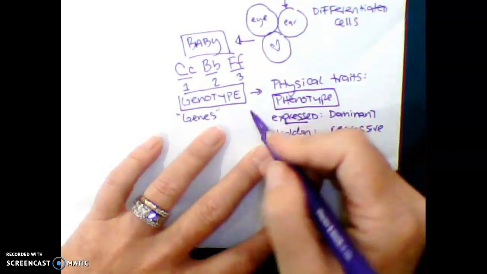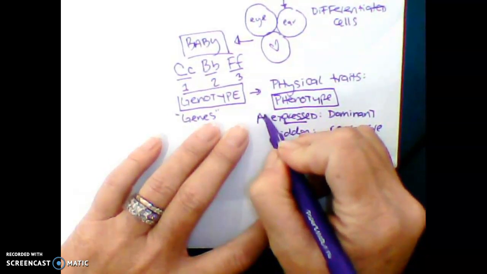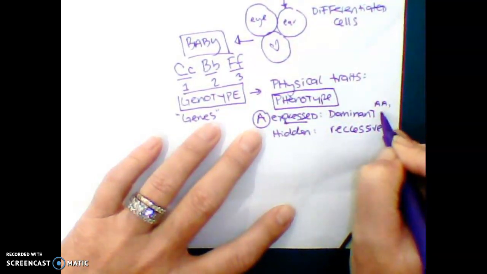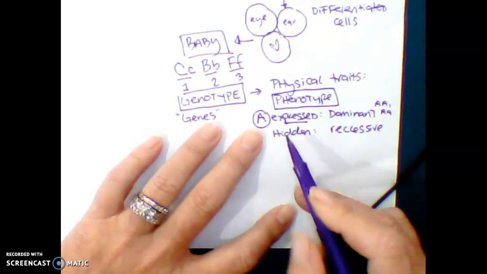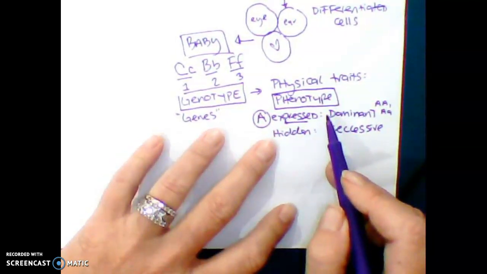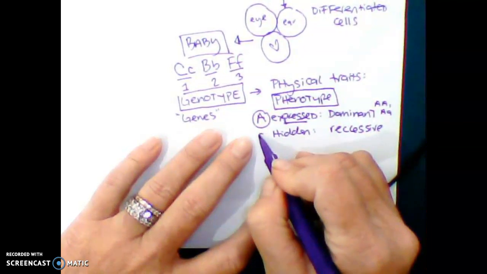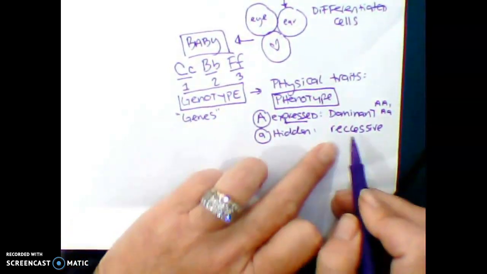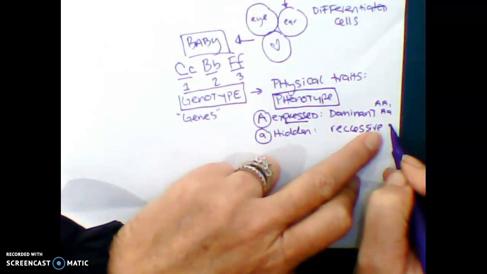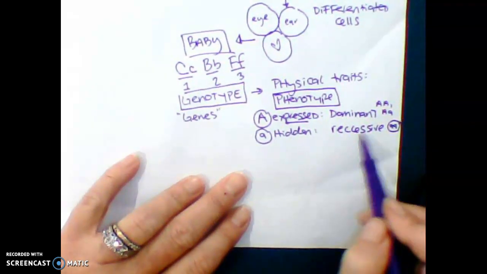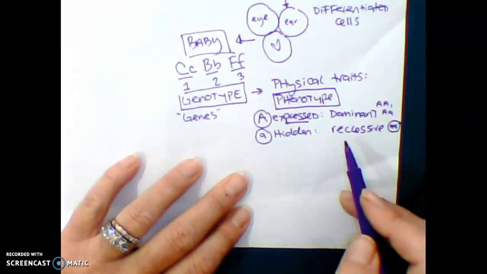Well, if it's expressed, all you need is one capital letter. That's it. So the dominant can be big A, or it can be big A, little a. As long as you have the one capital letter, that physical trait will be dominant. Say like brown hair. Hidden means that you have a recessive trait, so a lowercase allele, and you can only see it if you inherit two of them. So this one, the recessive, might be, for example, blonde hair.